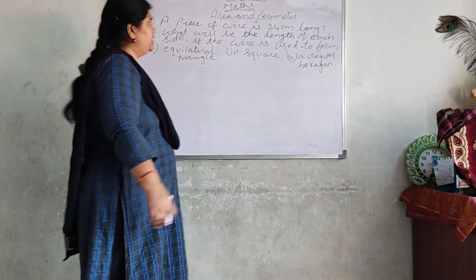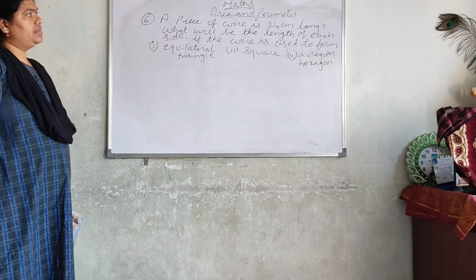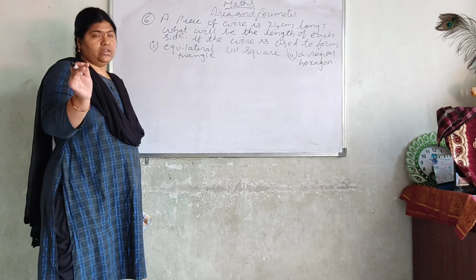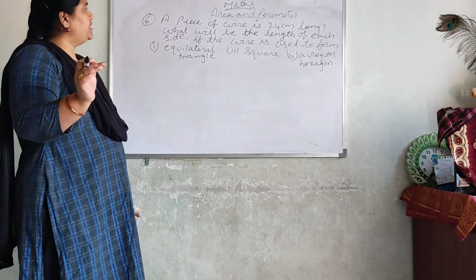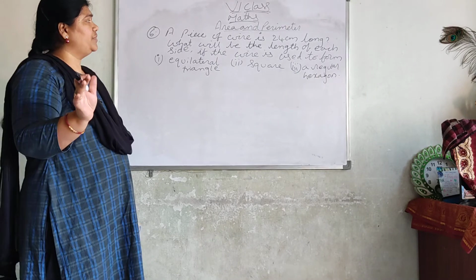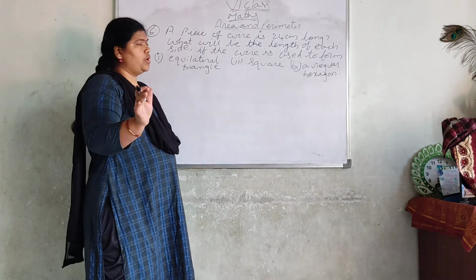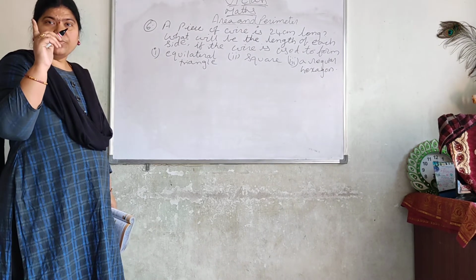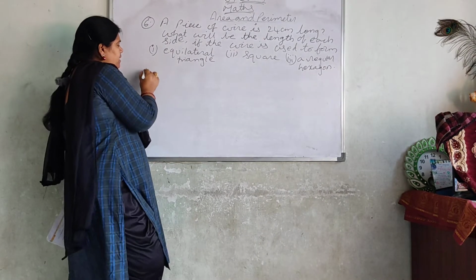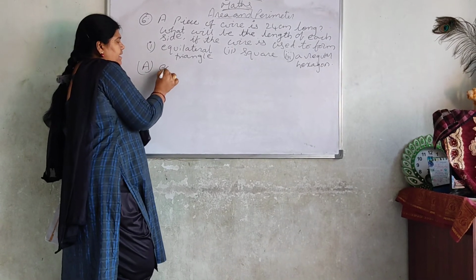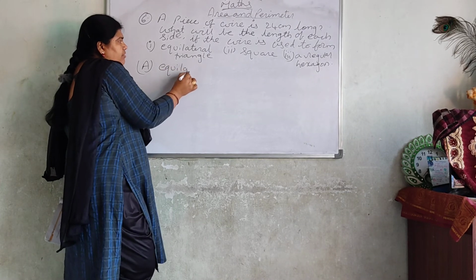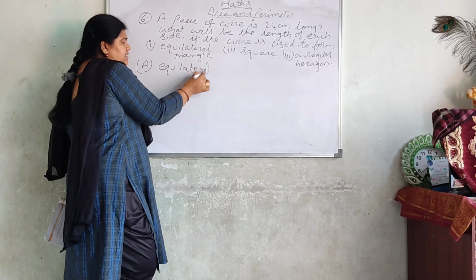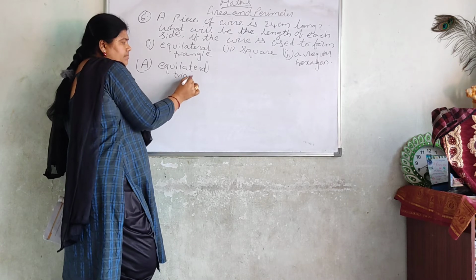See the question clearly. A piece of wire is 24 centimeters long. What will be the length of each side if the wire is used to form? Means total length was given. Now each one's length we have to find. Before only I read about the equilateral triangle. Equilateral triangle will have how many sides?